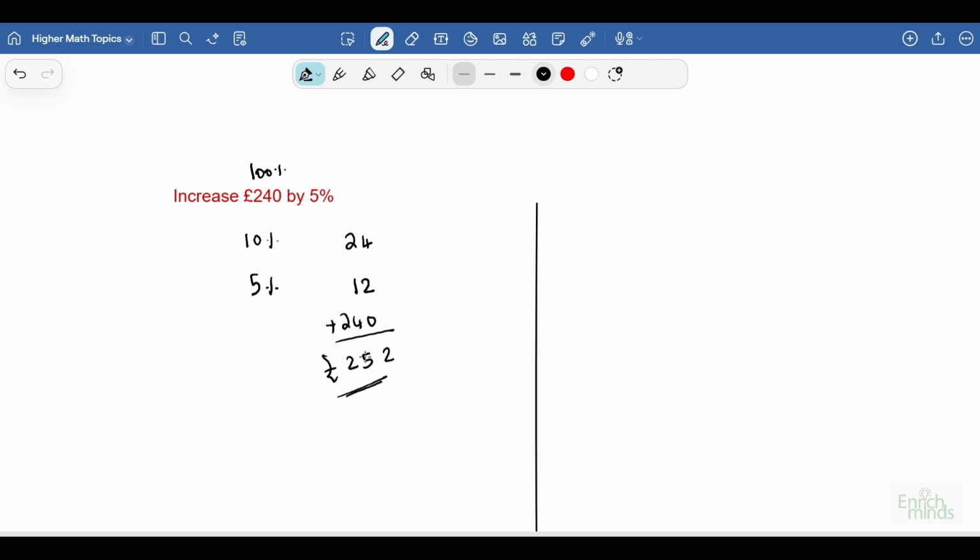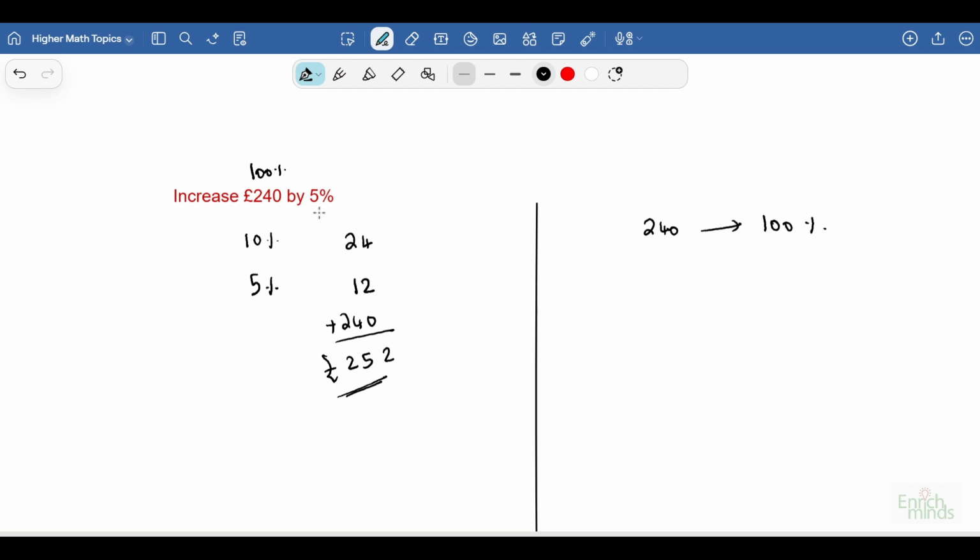So 252 pounds represents the 5% increase for 240 pounds. Now this is one way of solving this question. There is an alternate approach. We will make use of a multiplier here to increase an amount by a certain percent. Suppose we have the same question, 240 pounds is to be increased by 5%. So what does that mean? Alternatively, we can see 240 pounds as the 100% of the quantity.